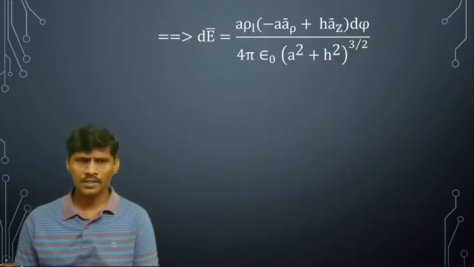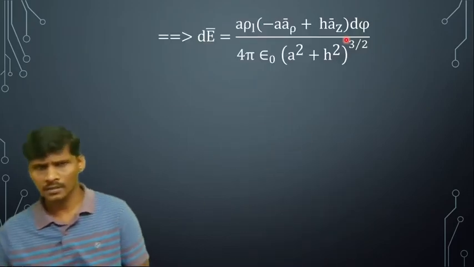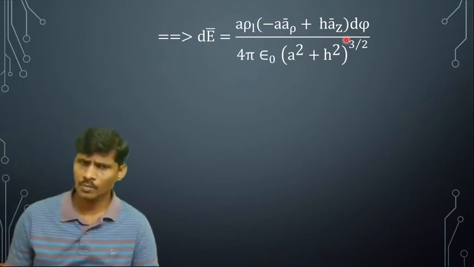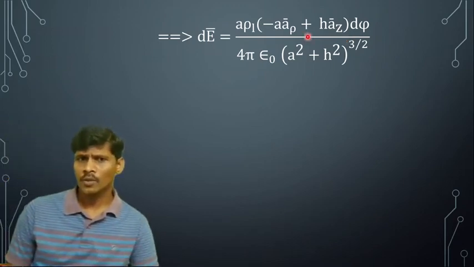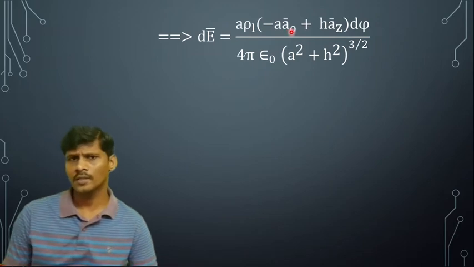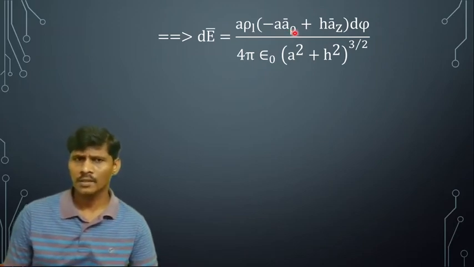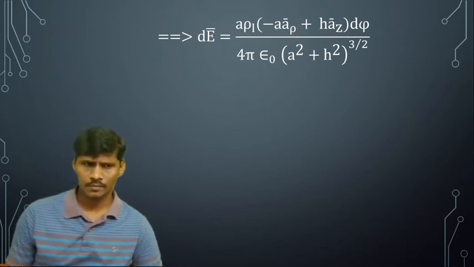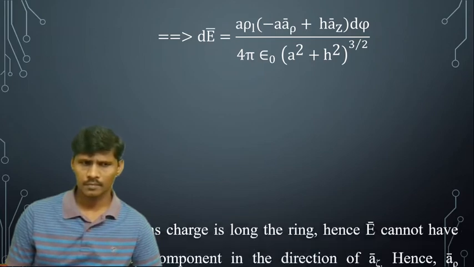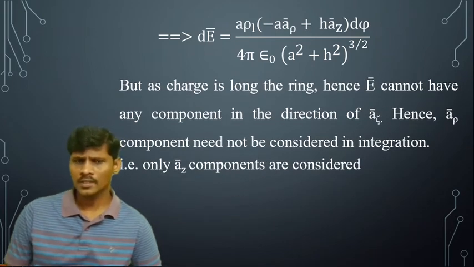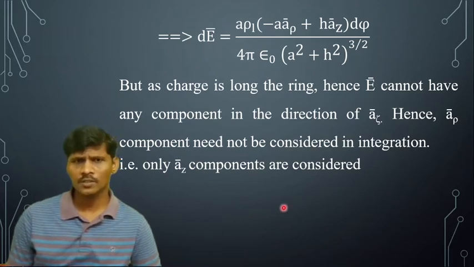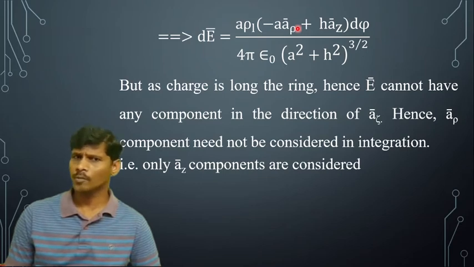Now here in this equation there are two components, the a rho bar component and the az bar component, and out of these two components only consider one component and cancel the remaining component. In this case, the electric field intensity is calculated on the z axis. Because of that, consider only the az bar component and cancel the a rho bar component.